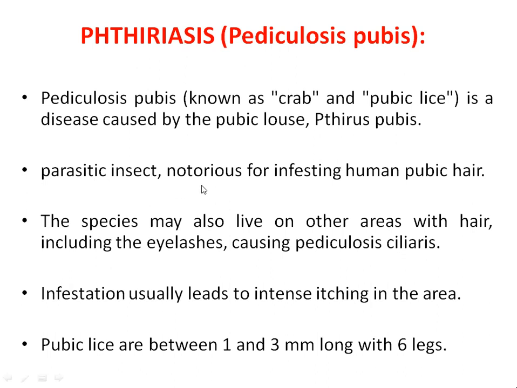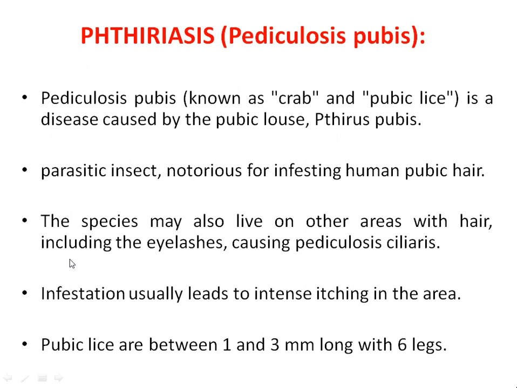It is quite a notorious, dangerous insect, infesting the human pubic hairs. The species may also live on other areas, not only the pubic region. So it lives in different parts of the body, wherever hairs are present.